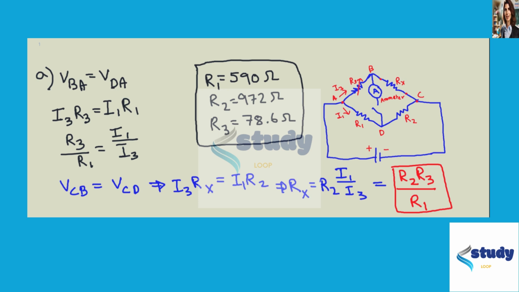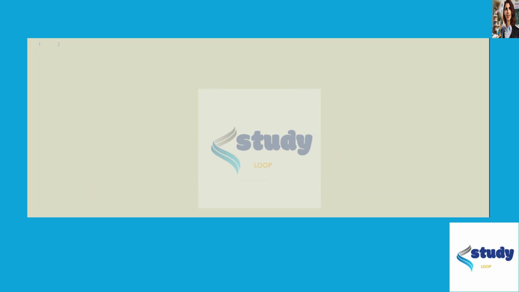Now we know the formula. All we have to do in part B is, the values are given, we need to solve for Rx. So for Rx, let me write the formula again. It's going to be R2 times R3 over R1.